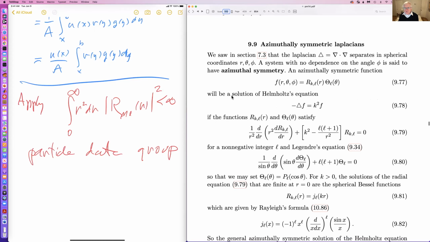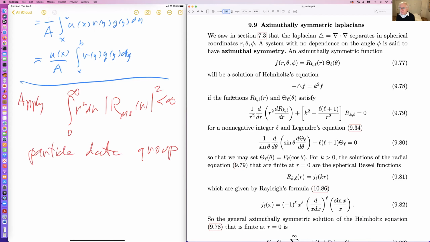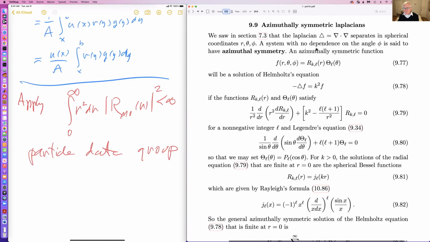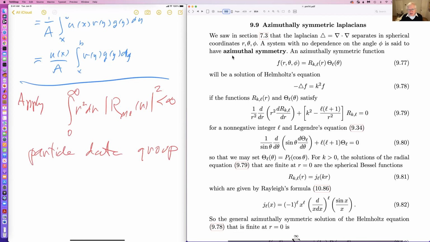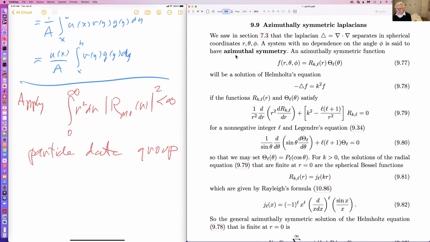Okay, so azimuthally symmetric Laplacians. Well, the Laplacian separates in spherical coordinates. A system that has no dependence on phi is said to have azimuthal symmetry. And an azimuthally symmetric function then looks like this.